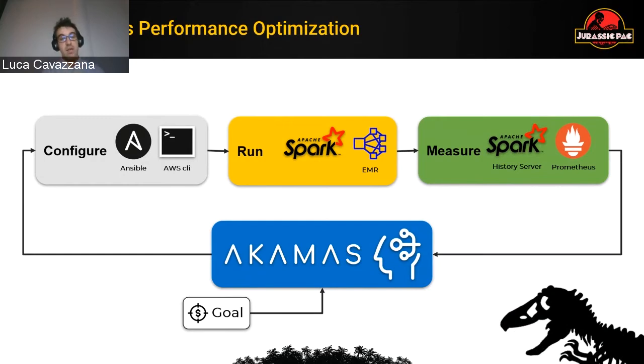That, for example, in our case, will forward those parameters to the pipeline that takes care of provisioning our cluster, and then configures the monitoring tools, and then runs the actual execution test using the Spark parameters, again suggested by the engine, and then gathers all the metrics and forwards them back to the optimization engine in order to analyze that data, update the model of the tuned environment, and then suggest again a new promising configuration to test according to our goal, which in our case is to minimize the costs.